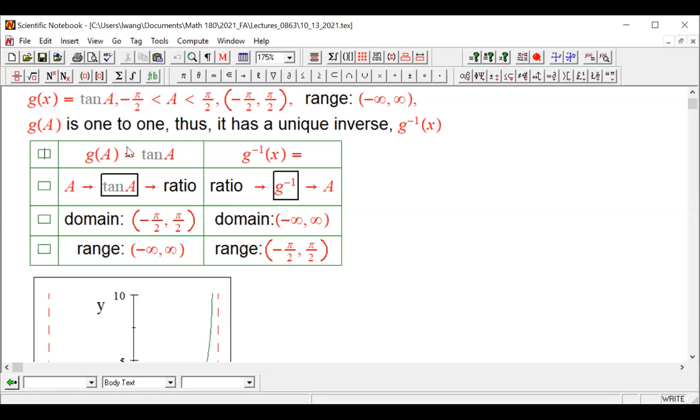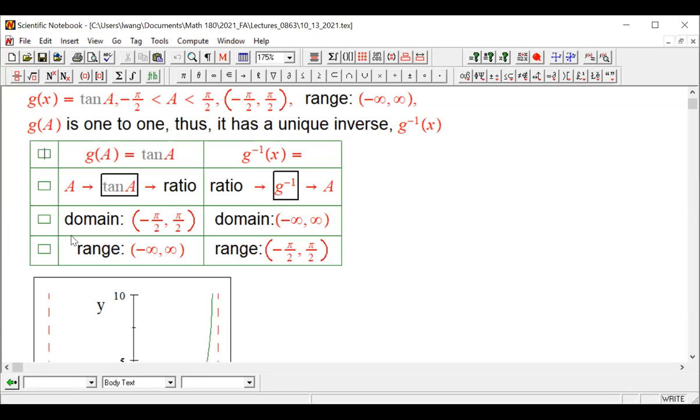So in the process of going from G to G inverse, we know it's just a simple swap of domain and range, and also a swap of XY coordinates. Remember, when we find the inverse of any function that has an inverse, we swap X and Y. What is the implication of that? That implication is tremendous.